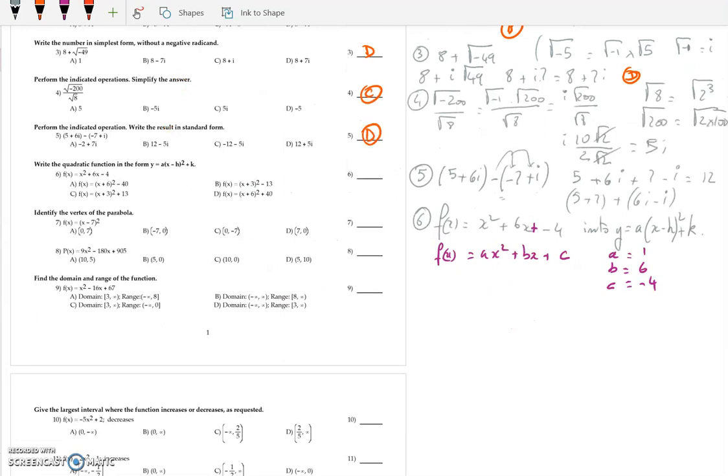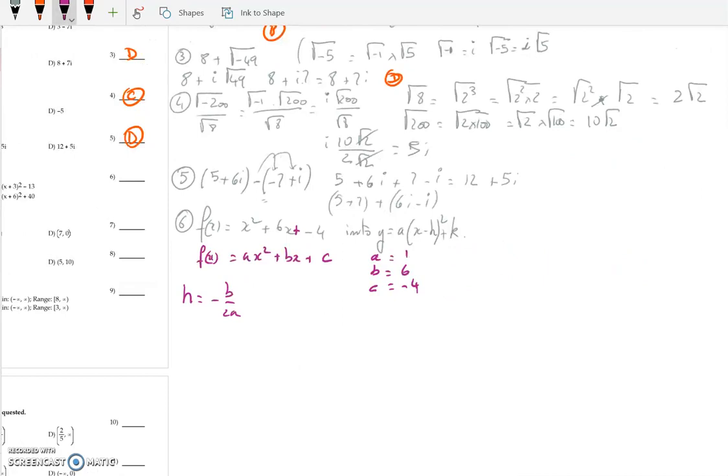I would like to remind you that h is equal to minus b over 2a. So in our case, h is going to be equal to minus 6 over 2 times 1, which is negative 3.